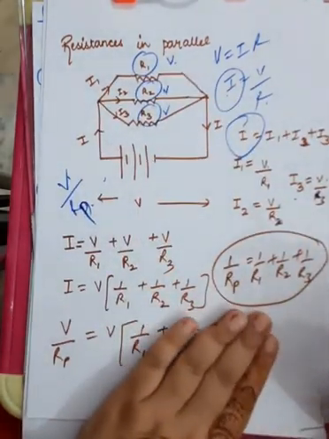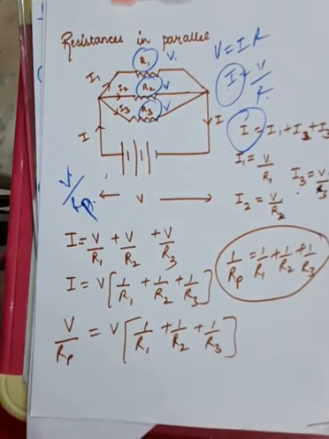So this is the result you are going to get, but it is very important for you to analyze this result. When you analyze it, the first point is that the potential difference across all the resistors is the same in a parallel combination. Second, the current through each resistor is inversely proportional to the value of the resistance.